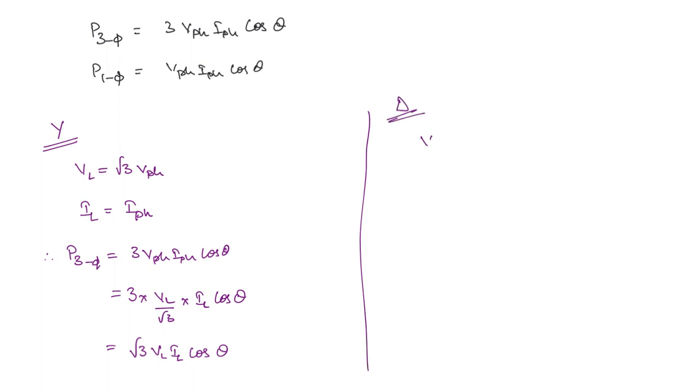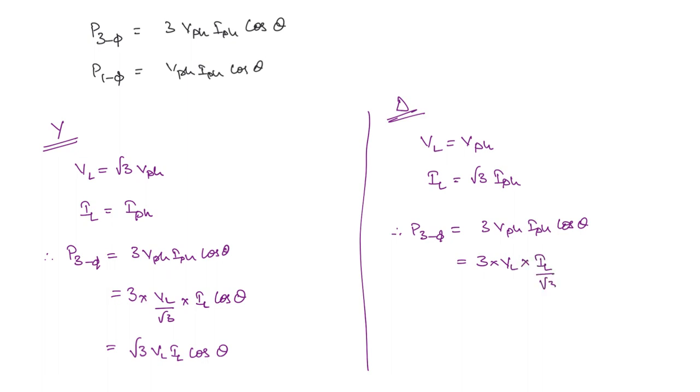In delta connection, the line voltage is equal to the phase voltage. What about the line current? This is root 3 times the phase current. So the three phase power is going to be 3 V phase I phase cos θ. Now here V phase is equal to VL and I phase you will write as IL by root 3, into cos θ. So this is equal to root 3 VL IL cos θ. Once again you got the same expression.